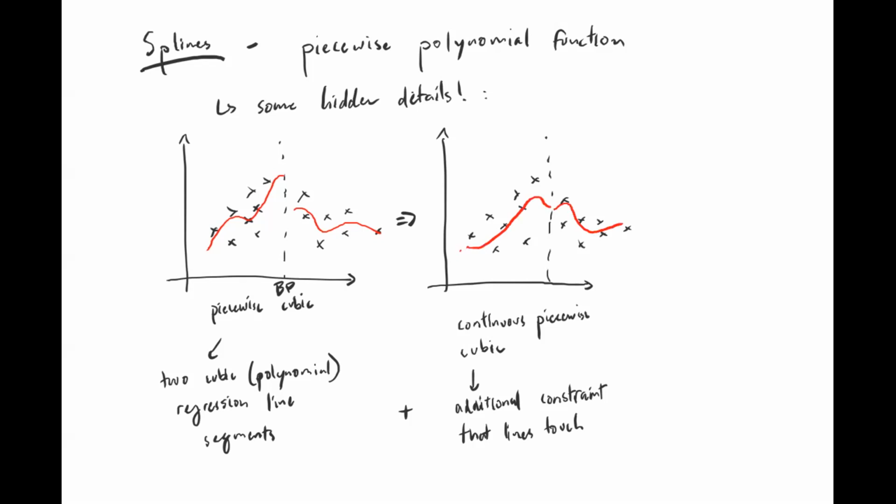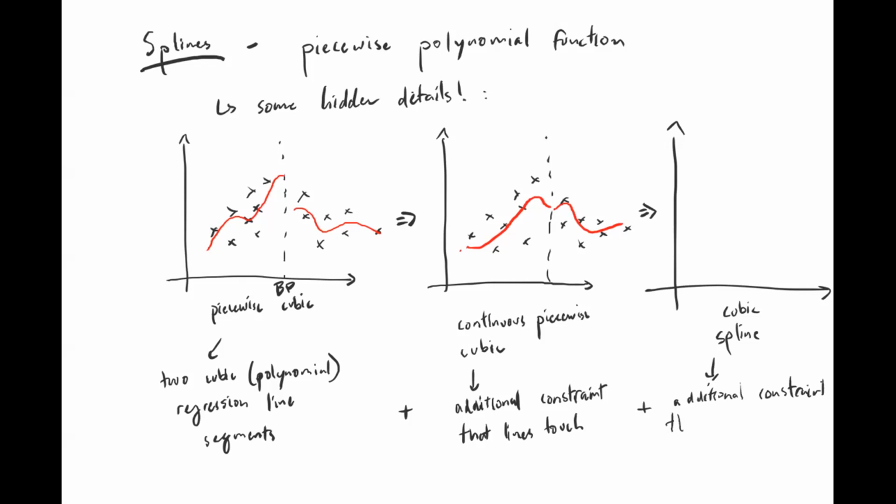We can further improve this, and this is going to be our ultimate cubic spline. This is plus the additional constraints that lines must be smooth.